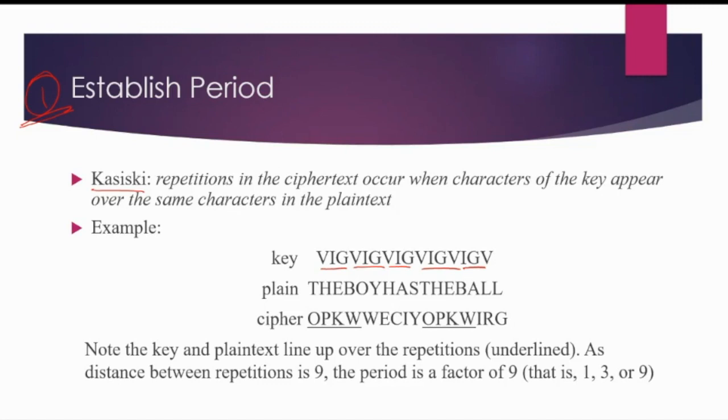Okay, so in this example, there is this THE, the, and VIG. This particular group is encrypted, and there is another similar series of letters in the plain text which is again encrypted by the similar key letters, right?